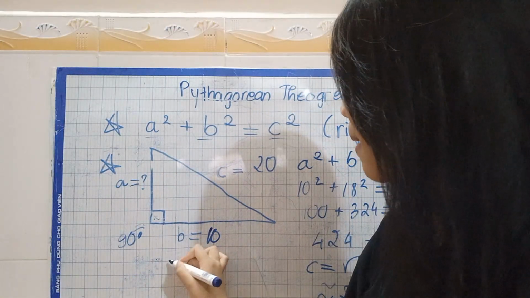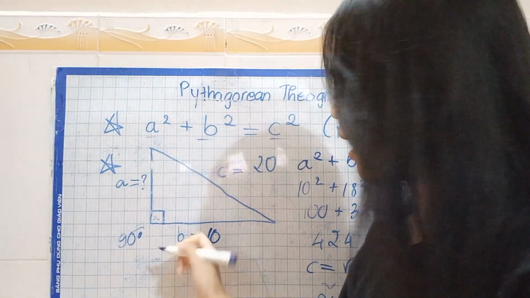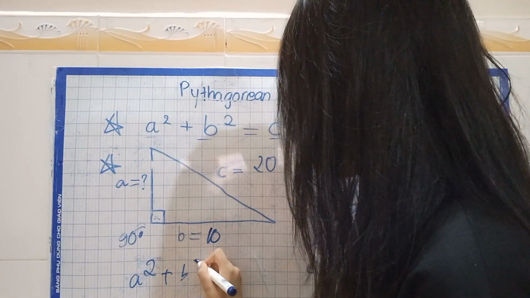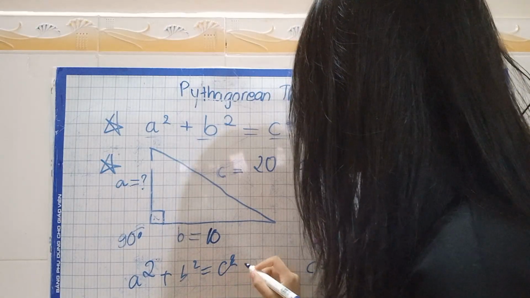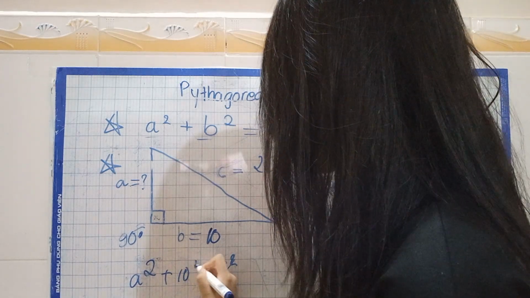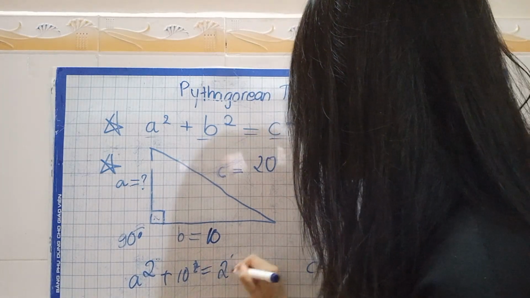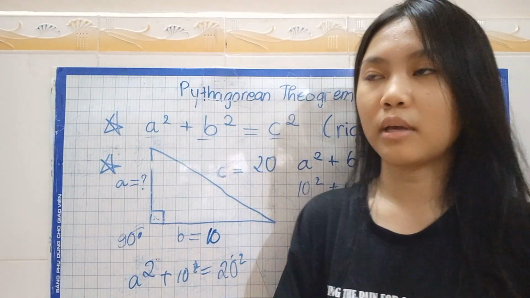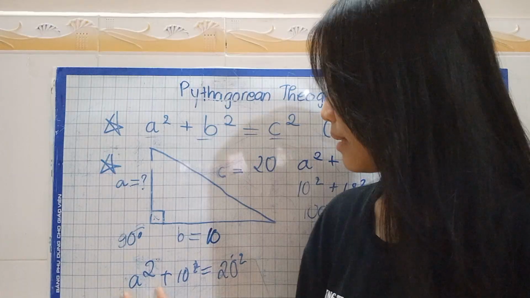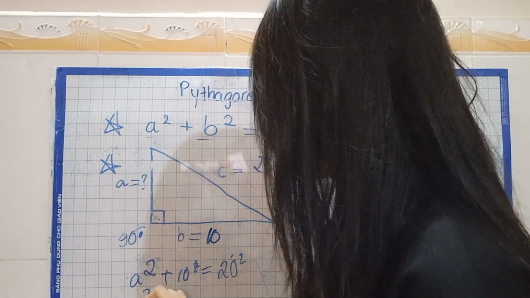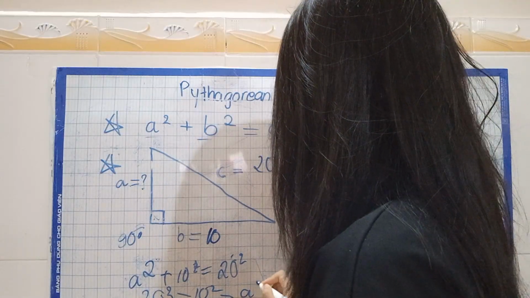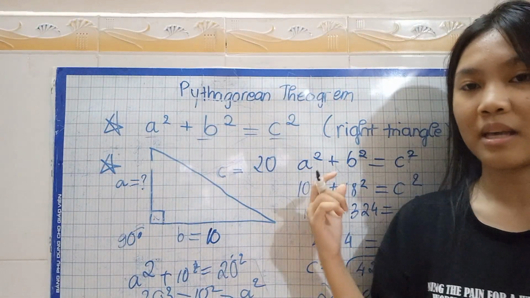So here, the math problem we would have is a squared plus b squared equals c squared, which means that a squared plus 10 squared equals 20 squared. Now this is the problem where we're finding the number that's being added, right? So all we have to do is take 20 squared minus 10 squared, and it will equal our a squared. And you can continue doing this at home.